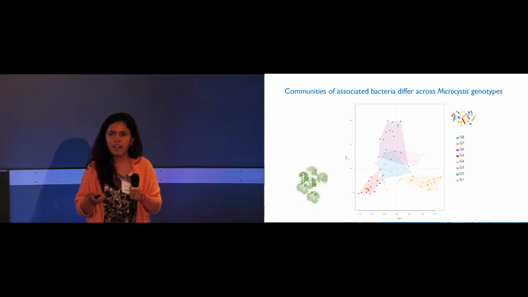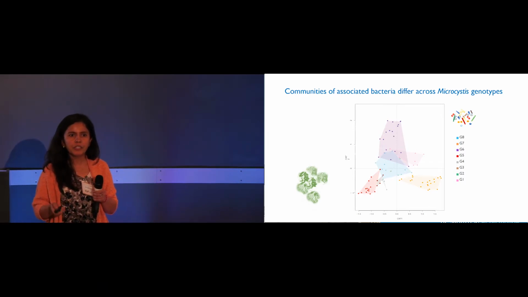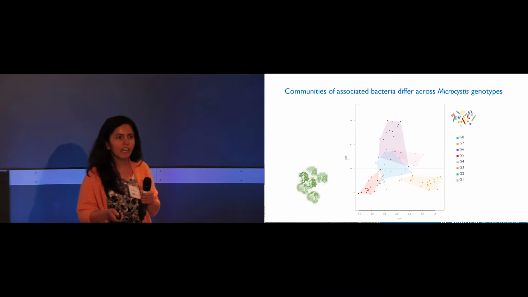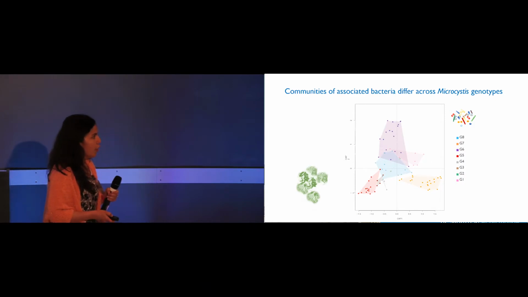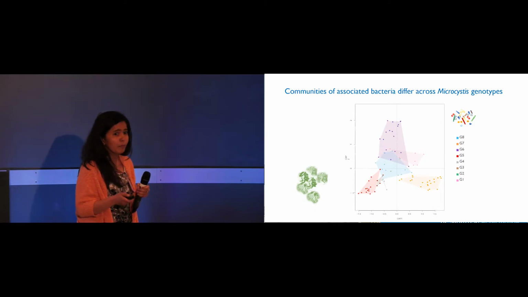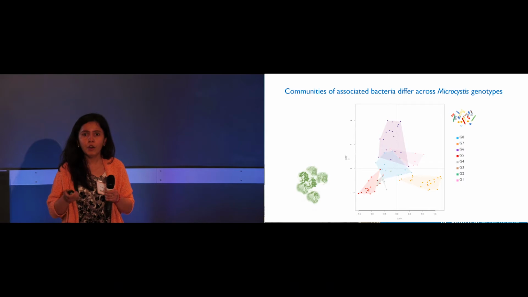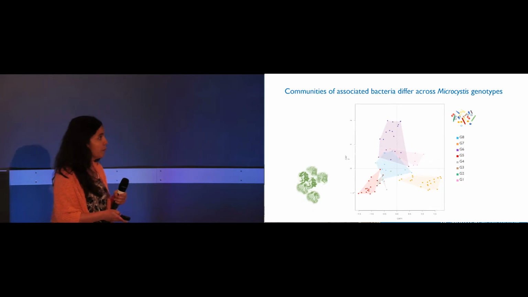That means that colonies with the same genotype had a similar community of associated bacteria. That is important because maybe it's pointing to a long association between these associated bacteria and the Microcystis genotypes.